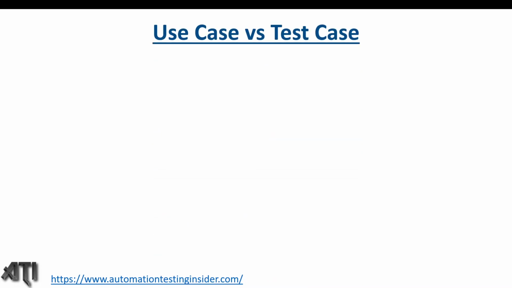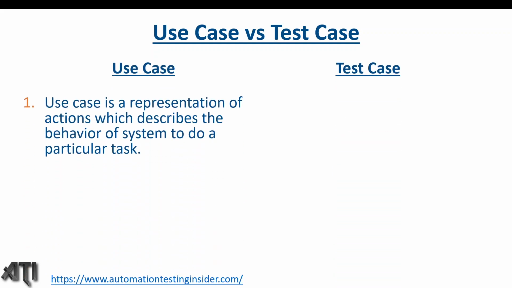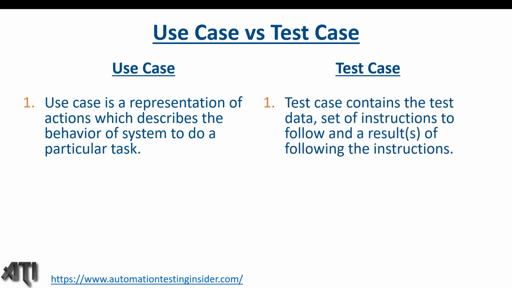Now let's talk about the difference between use case and test case. Use case is a representation of actions which describes the behavior of a system to do a particular task, to achieve a goal, or to perform certain tasks to achieve desired output, which we have discussed earlier.